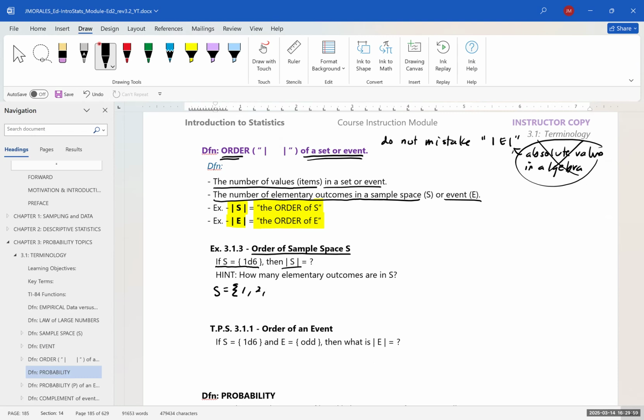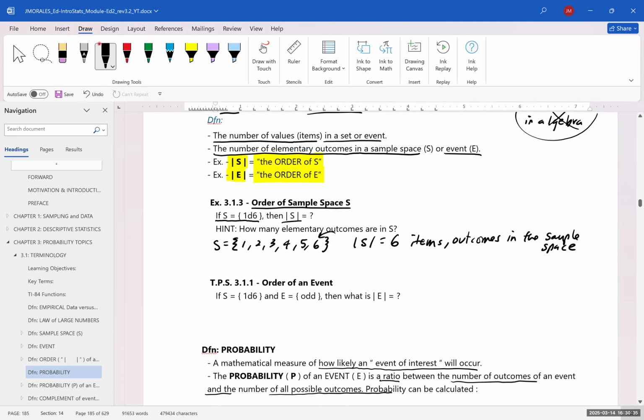We've got 1, 2, 3, 4, 5, and 6. How many elementary outcomes do we have inside of the sample space? Well, we've got 6. So the order of the sample space is 6 because there are 6 items or outcomes in the sample space.